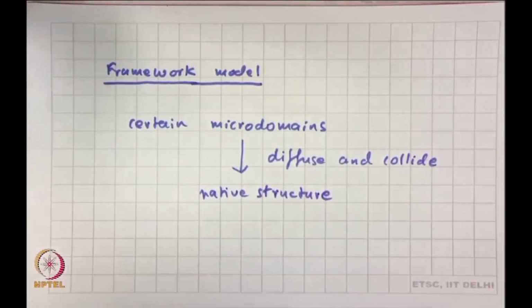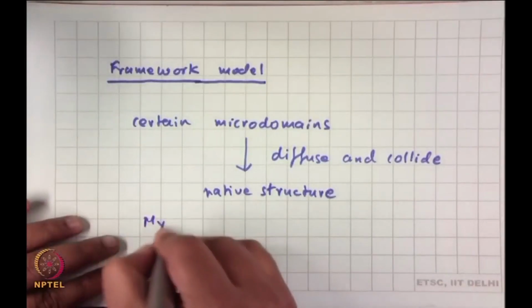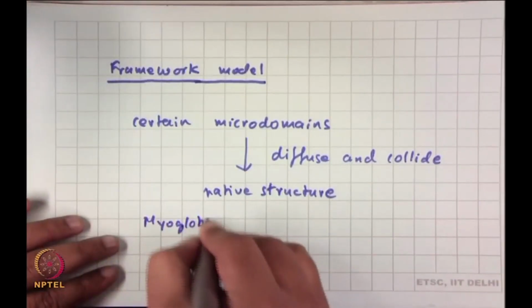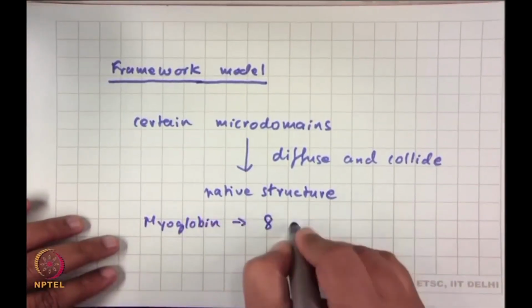Okay. So, a typical example of this would be myoglobin. The protein myoglobin has 8 alpha helices.